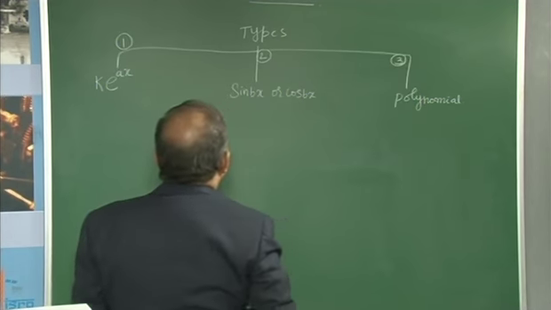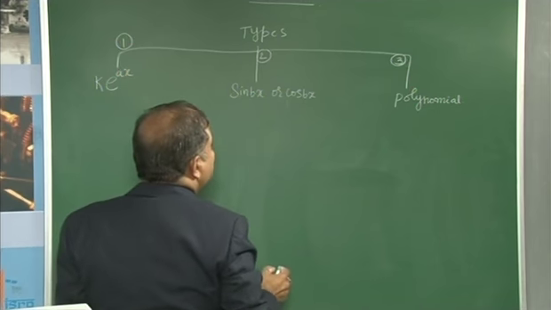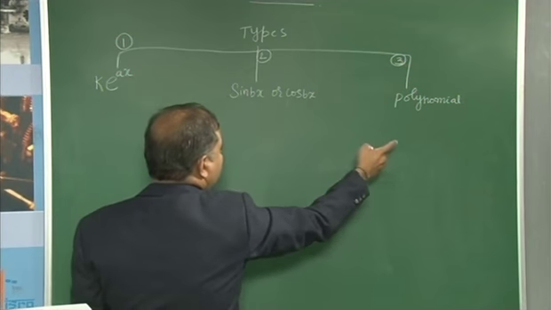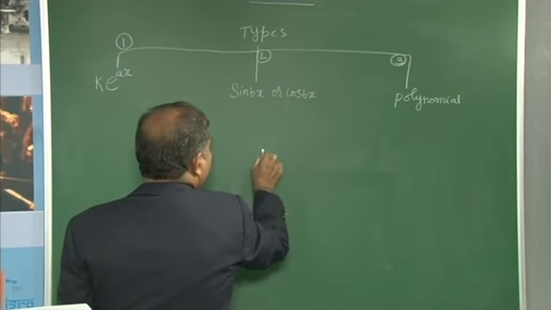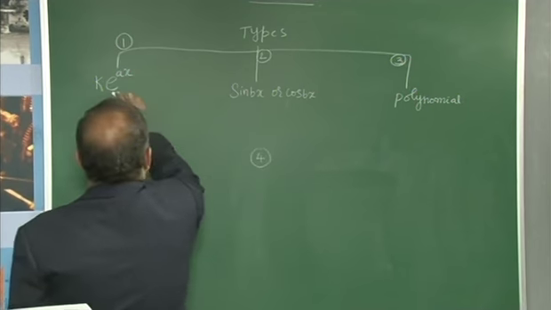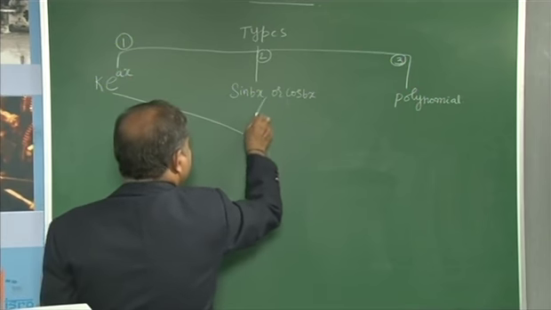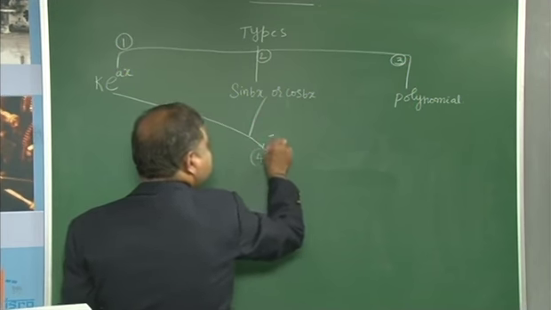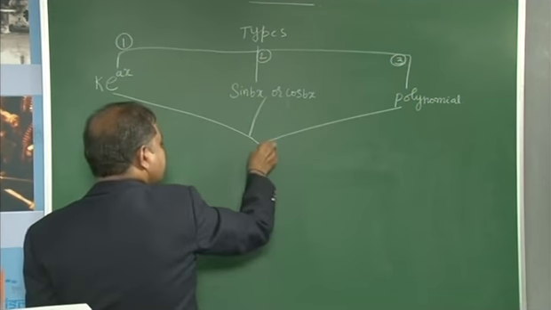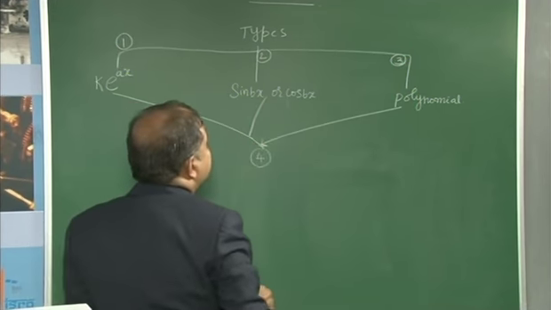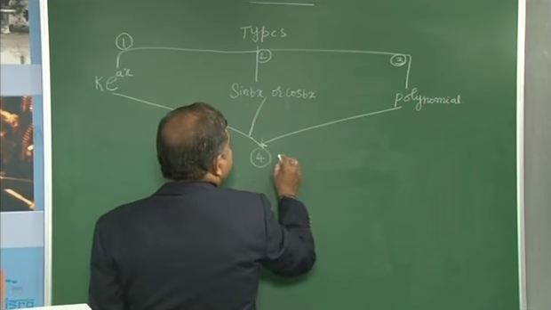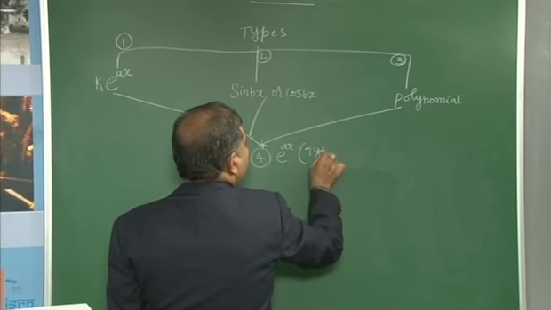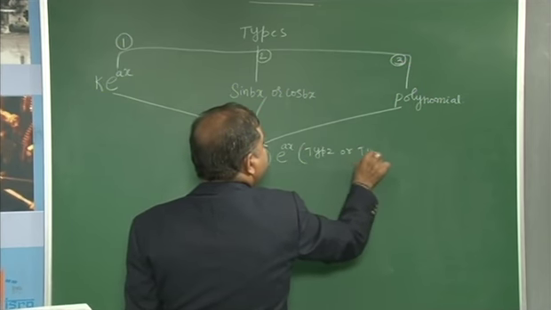When it comes to type 4, it is a combination of these, either of these two or of this and this. That means it is e power ax into type 2 or type 3.